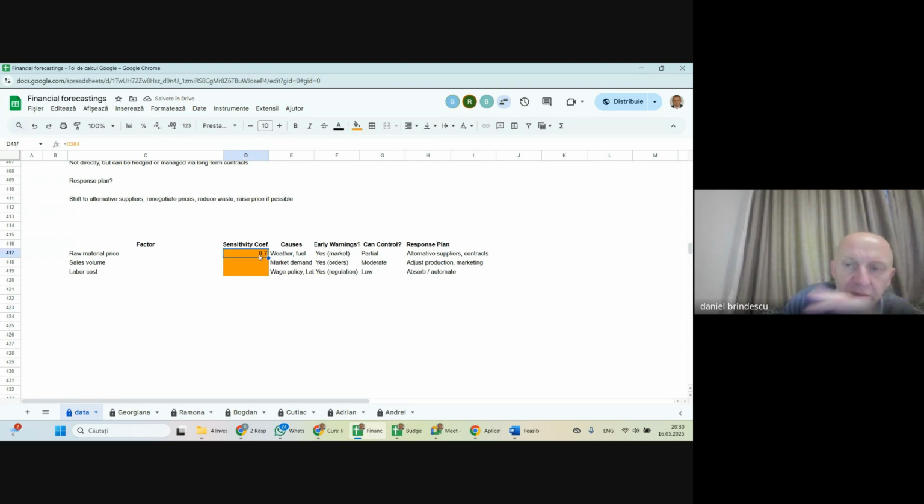So you can create a table in the end with all the important factors, 4, 5, 6 important factors. They would probably be the selling prices, the prices for raw materials, the volume of the demand, maybe the wage, the individual wages. So prepare a table with the most important factors. By that I mean the factors to which the net present value would be most sensitive.